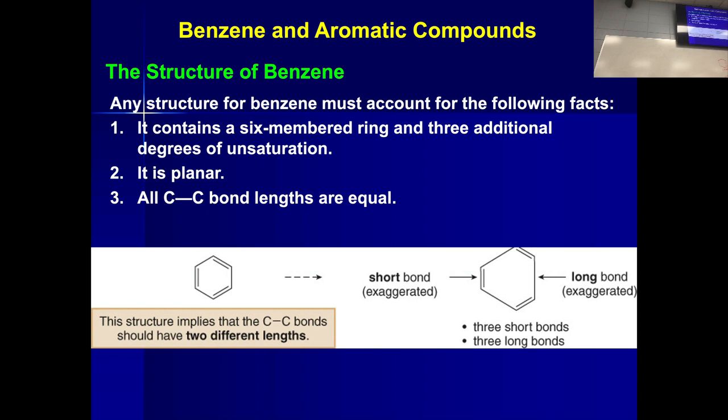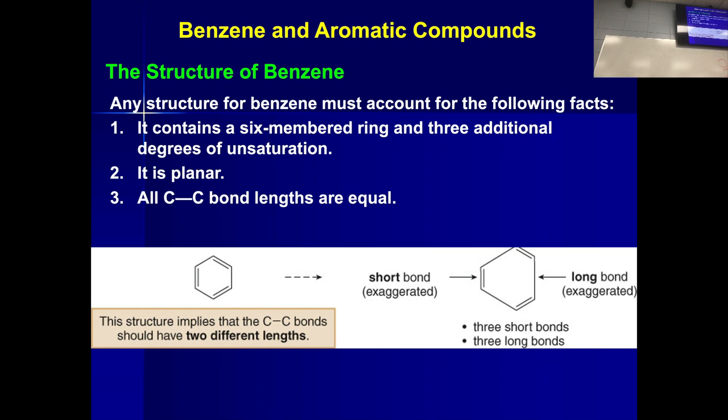You'll notice that benzene is flat, right? I set it on the table, it lays on the table nice and flat. It doesn't form a chair, okay? It doesn't do the flipping stuff that we learned about for cyclohexane. It's a nice flat molecule, and you can see double bond, single bond, double bond, single bond, double bond, single bond as I got it built.